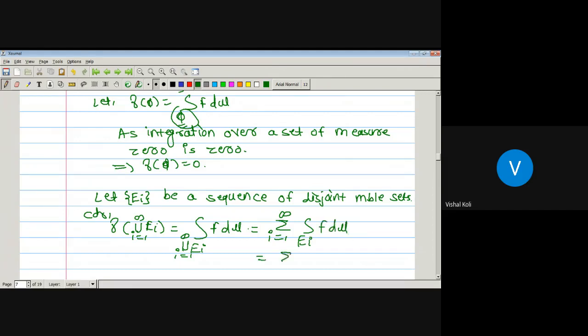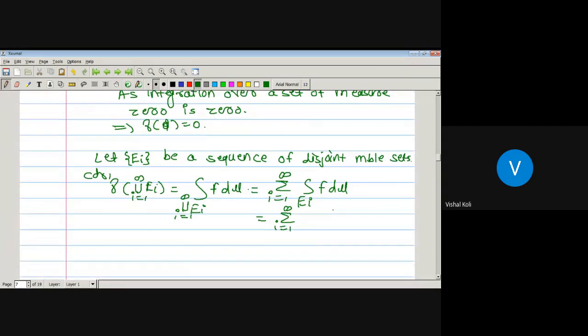By the given definition of gamma of E, gamma of E is the integration over set E of f d mu. So the integration over set E_i of f d mu is, by definition, gamma of E_i. This equals the summation over i from 1 to infinity of gamma of E_i.